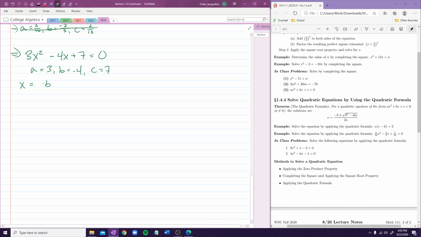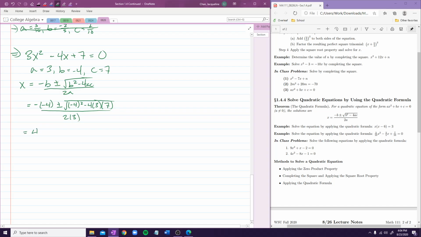So this is -b plus or minus the square root of b squared minus 4ac all over 2a. Okay, let's plug things in. So -(-4) plus or minus the square root of (-4) quantity squared minus 4 times 3 times 7, all over 2 times 3.